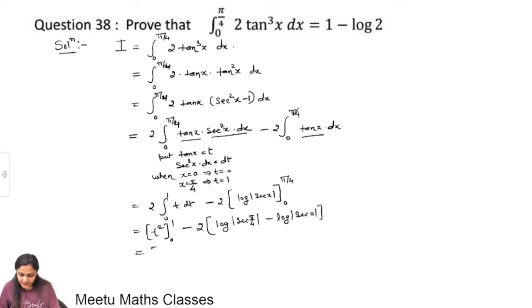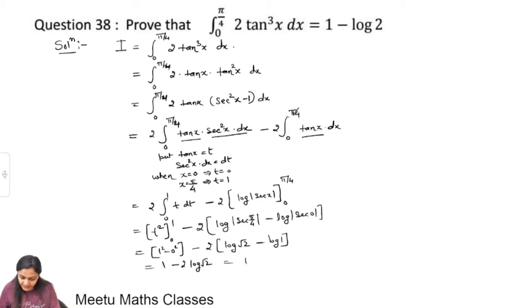Here we will get 1 square minus 0 square. Now sec pi/4 is root 2, so we get log root 2, minus sec 0 is 1, so we get log 1, and this will give you 1 minus 2 log root 2, because log 1 is again 0.